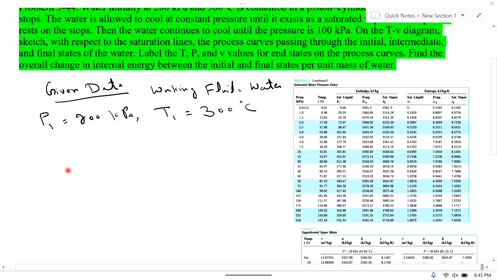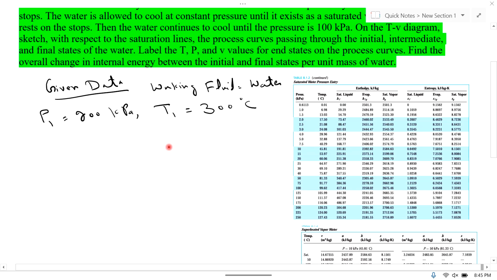Fitted with stops means that, let's suppose this is a piston cylinder arrangement, and at some position stops are fixed. These are stops. It means that if we compress the piston, it will not cross this area. It will rest here.